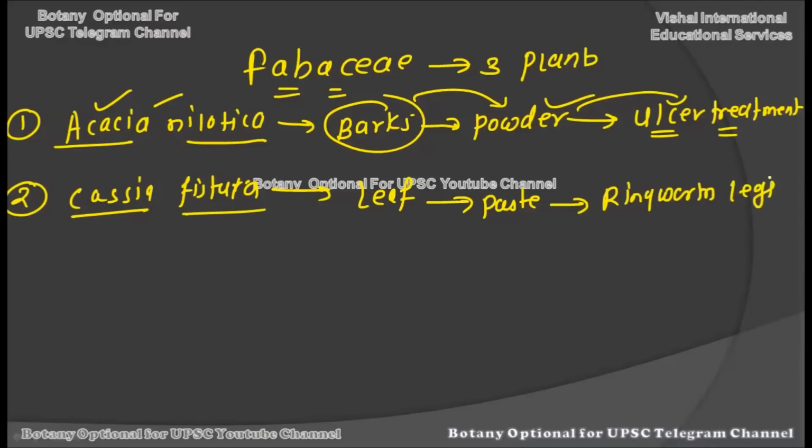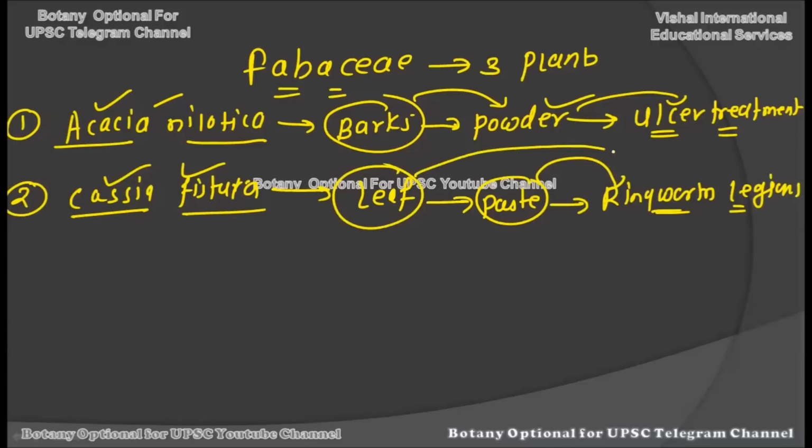For the treatment of these ringworm lesions, such a paste is very useful. So this time we are using the Cassia fistula plant. Out of this we use the leaf, and these leaves are very useful in treating ringworm lesions once they are converted into paste. Okay, so carefully remember the name of the plant, the part used, how we are going to use it, and against which medical condition we are using that particular plant.